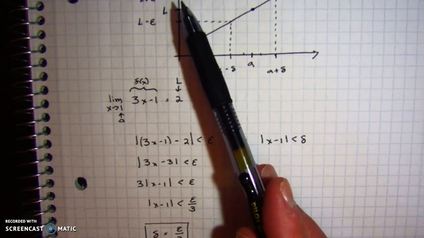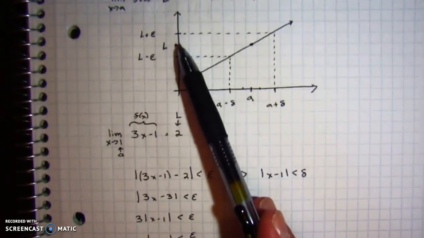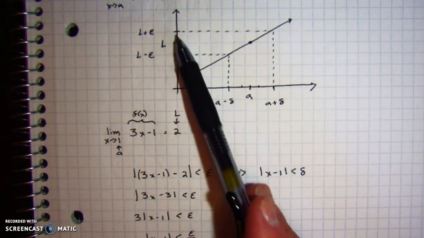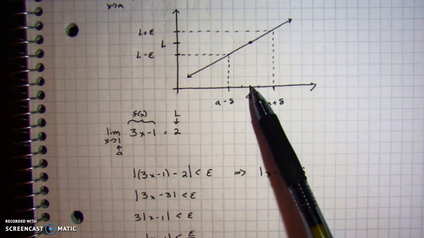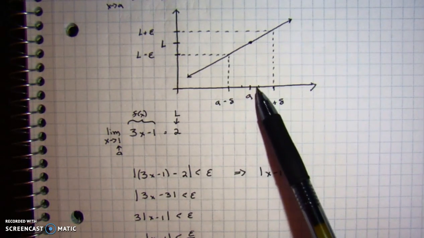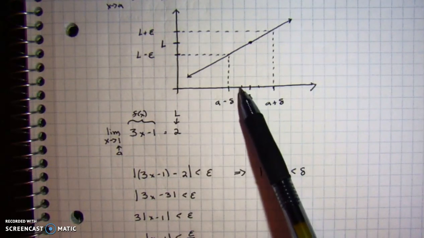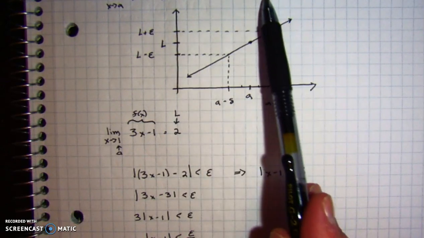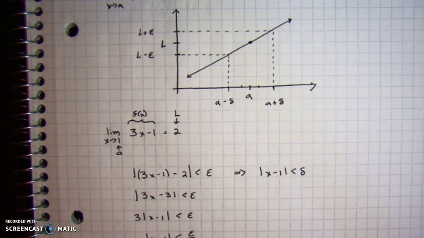So if I take that value, say I want it within 1 of L, then I know that down here I would have to do this. This corresponding would be 1/3 of this and that. And if I go a third here and a third there, that would guarantee that I am within my chosen epsilon value of L. So I hope that makes sense.